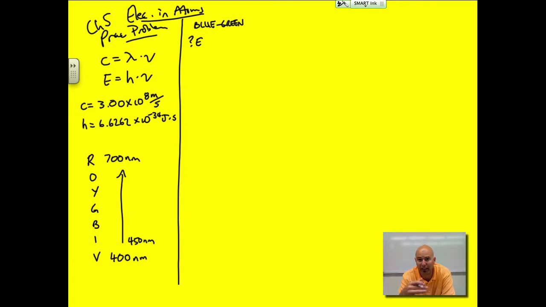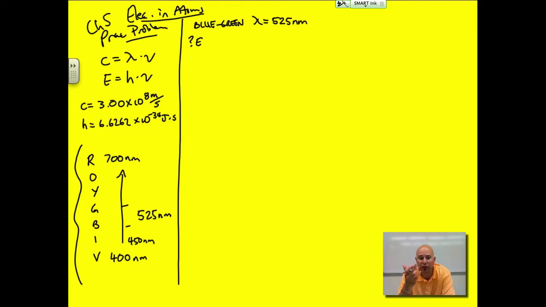We're given blue-green, so we don't have any numbers yet, but we should know the wavelength from our visible light spectrum. Going blue-green, 450, 500, 550, we're probably safe saying 525 nanometers. So this would be a wavelength of 525 nanometers.